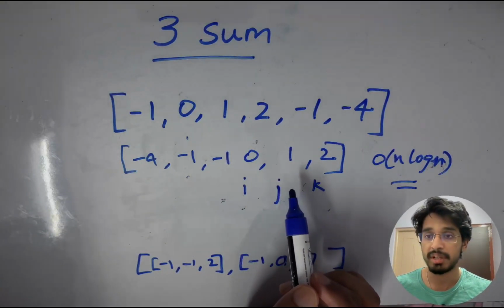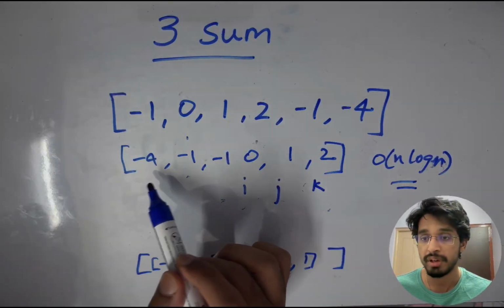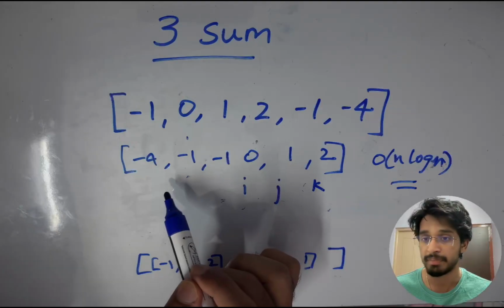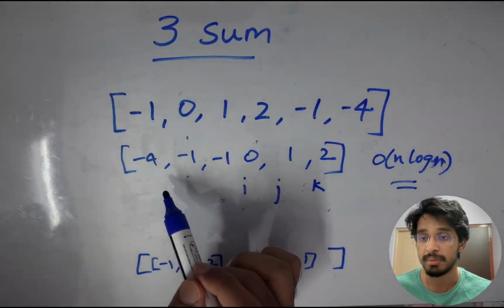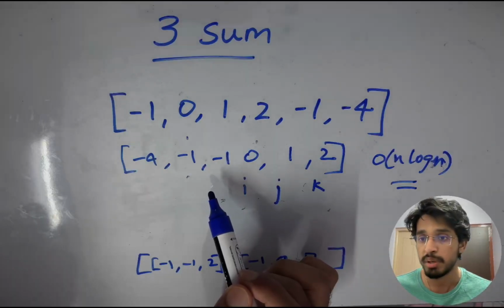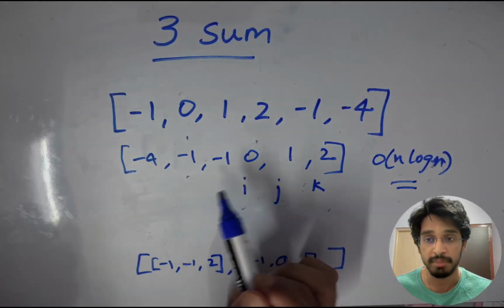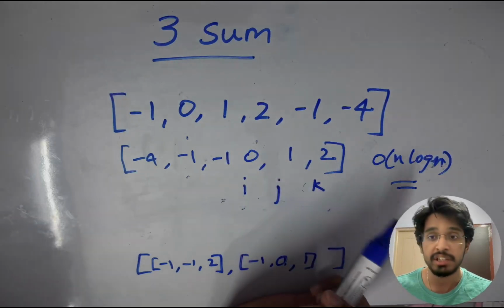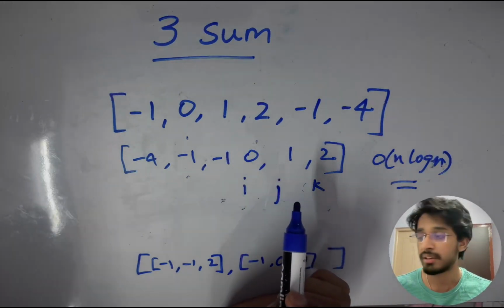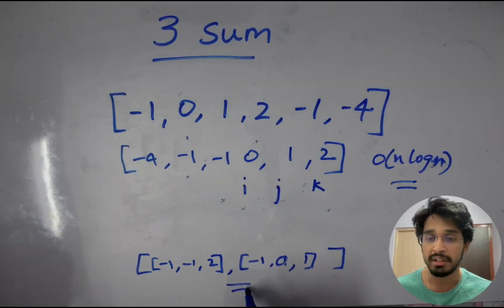From there, as I told you, we need to invert the value of I in order to make the comparison like a two sum, and then we just keep on doing that. And in order to avoid any kind of duplicates, we check the previous value. If it is the same as the current value, then we skip that iteration. The same goes for j and k as well. Okay, so this is how you can solve the three sum problem, and this is the final array which we can return at the end of the problem.